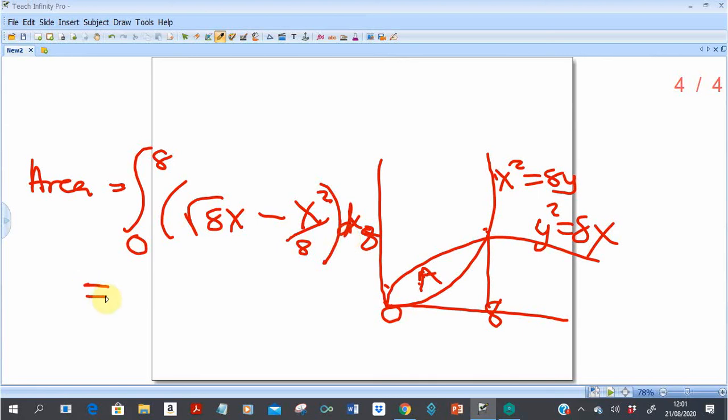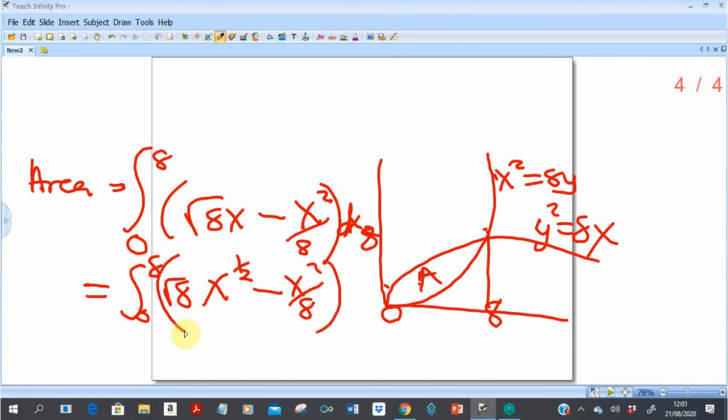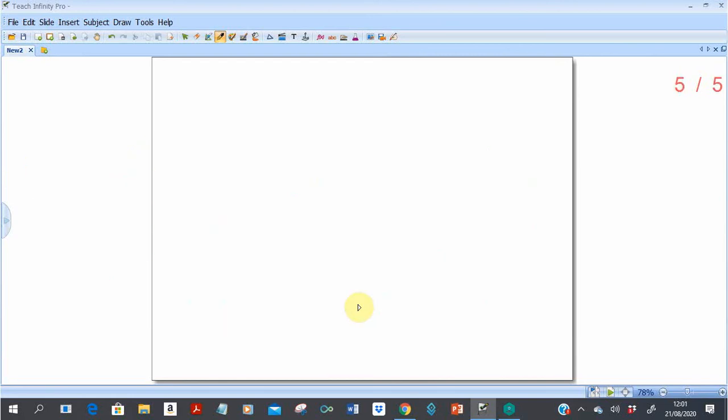Okay, so this again is, we take out the square root of 8 and we know root 8 x is just root x to the power 1 over 2, then minus x squared over 8 dx. Go to the next slide.